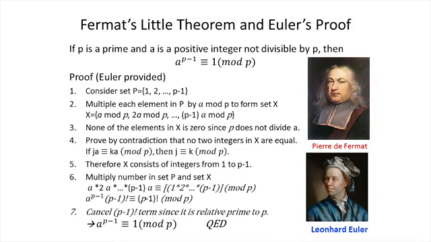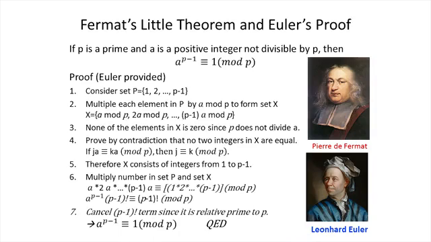Because we cancel out the A there. Since we know none of the elements in P are equal, therefore J and K shouldn't be equal. Therefore, X consists of integers from 1 to P minus 1, because there are P minus 1 elements and they are all different.